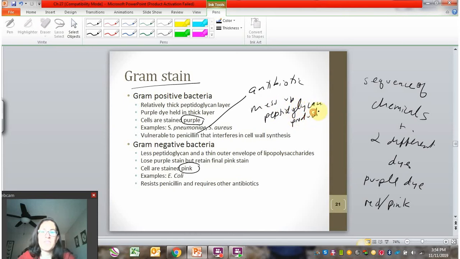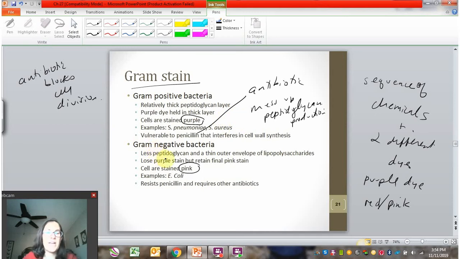And so because they have such a thick layer of peptidoglycan, if you slow that production down, it makes it hard for them to reproduce. So the antibiotic blocks reproduction of the cells. They basically can't make enough peptidoglycan to make a new cell.